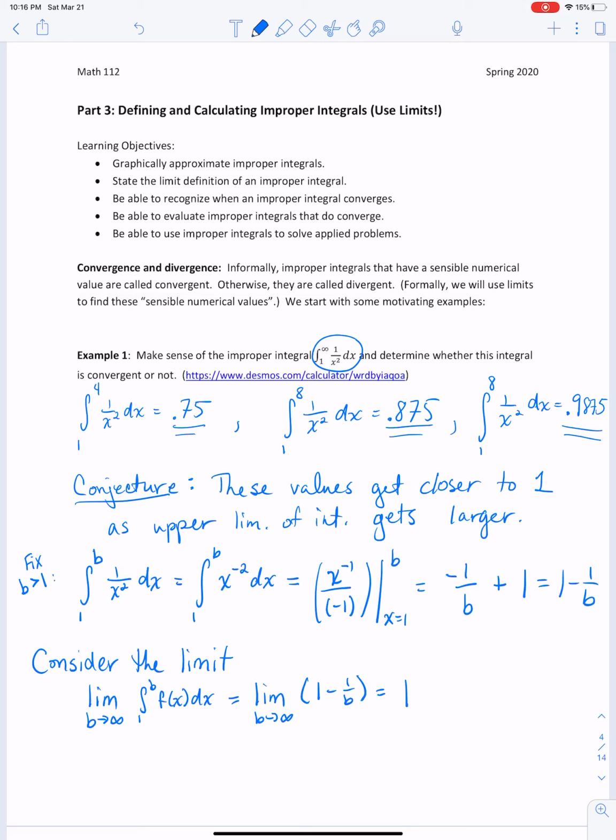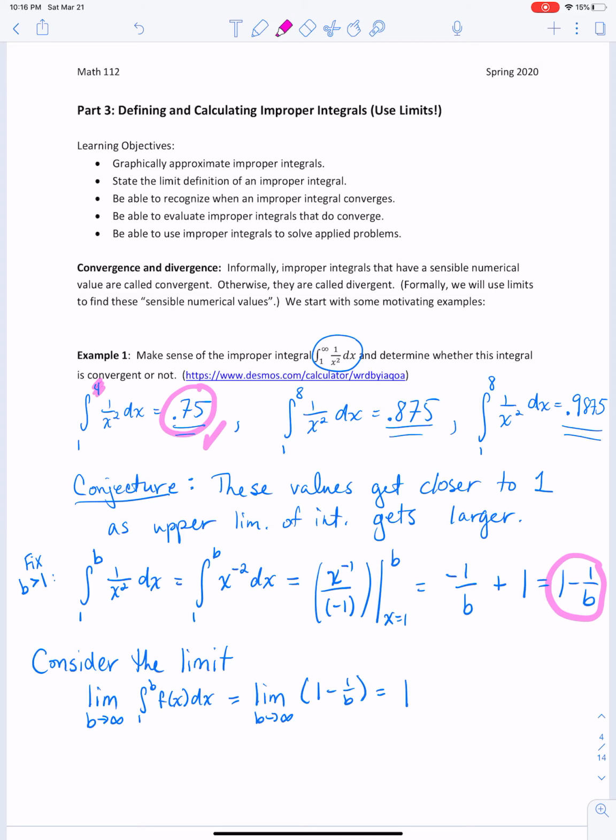By the way, this is something I should have pointed out a second ago: notice that we can use this calculation to find the integral from 1 to b. It checks out here, because if we're considering our upper limit of 4, 1 minus 1/4 would be 3/4, and that's exactly what we have as the result from Desmos.